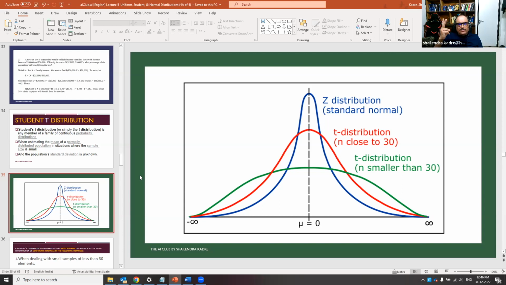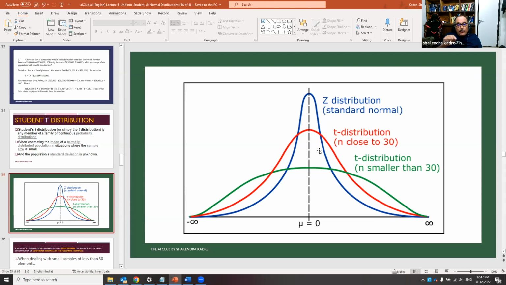So there are two cases when we use the t distribution. Number one, sample size is less than 30. Number two, population standard deviation is not known. Whatever problems we solved so far, many problems we solved with the normal distribution. Their population standard deviation was given. Mind it, the population standard deviation was given to you, that means it was known.